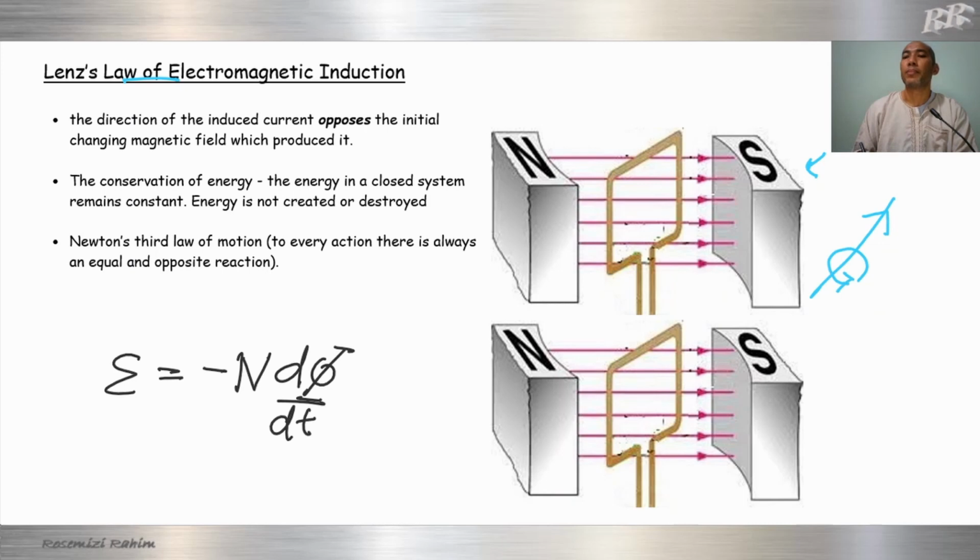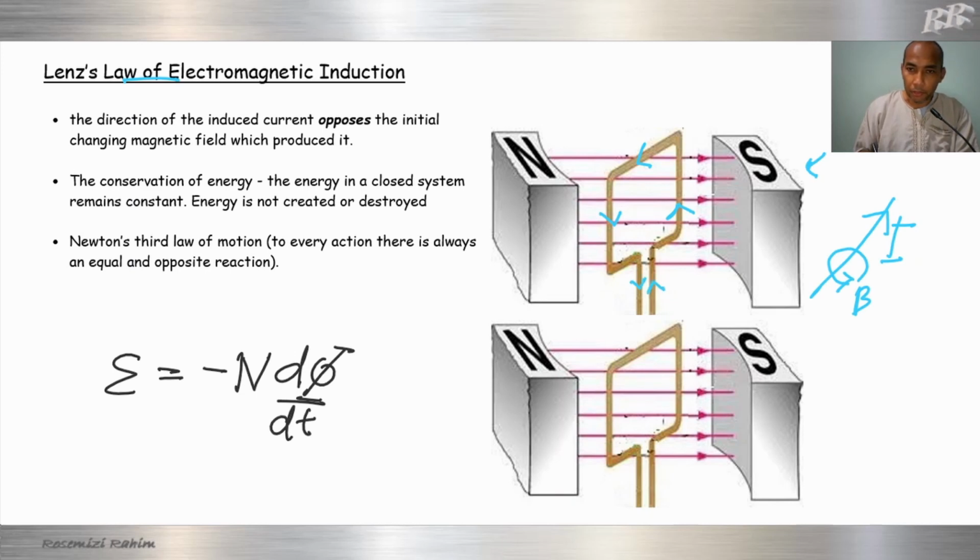So we take this one as the current, and this one as the magnetic field. Let's say the current flows this way, and also this.